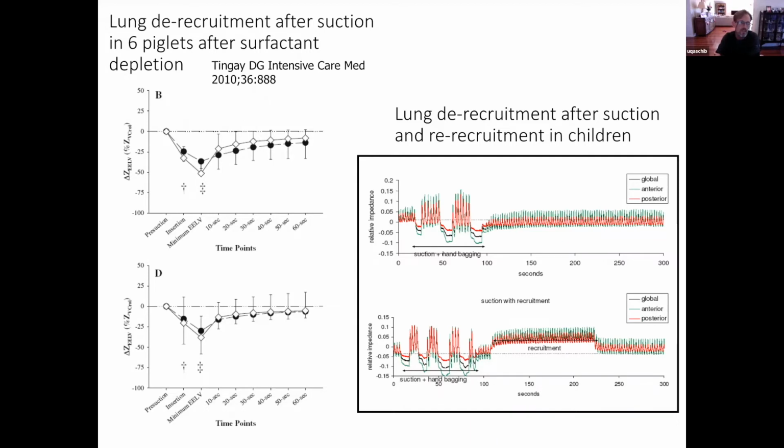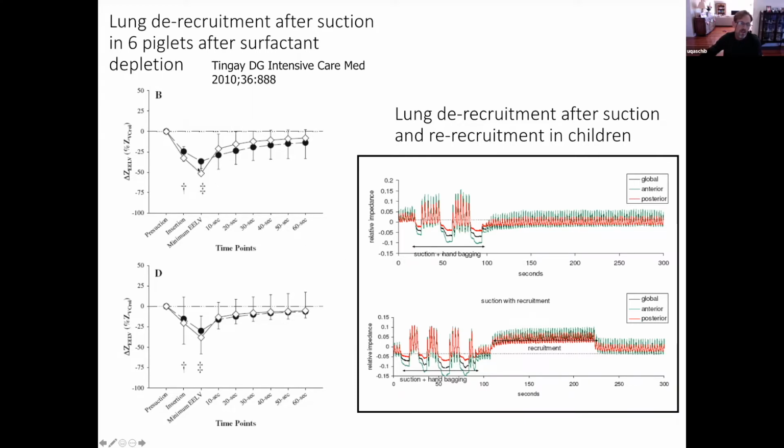So as soon as you start disconnecting, that's the second data point on the left hand side, we start sucking basically air and secretion out of the lung, and you can see that the lung volume drops quite significantly.